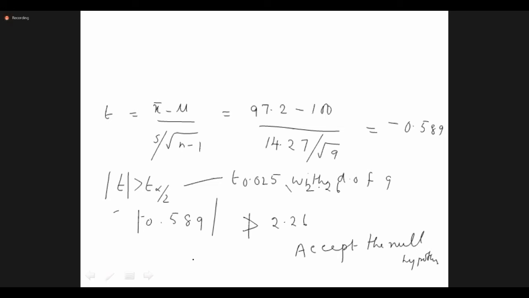Now we will go for the difference of means. Same thing, only the test statistic will change for a small sample. I am writing the test statistic; after that, I will tell the problem. Student's t-test for difference of means.